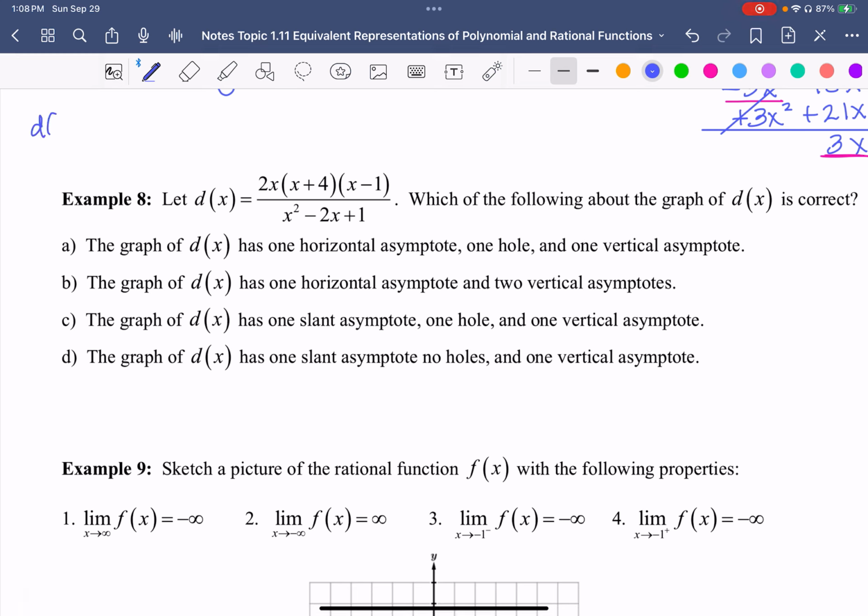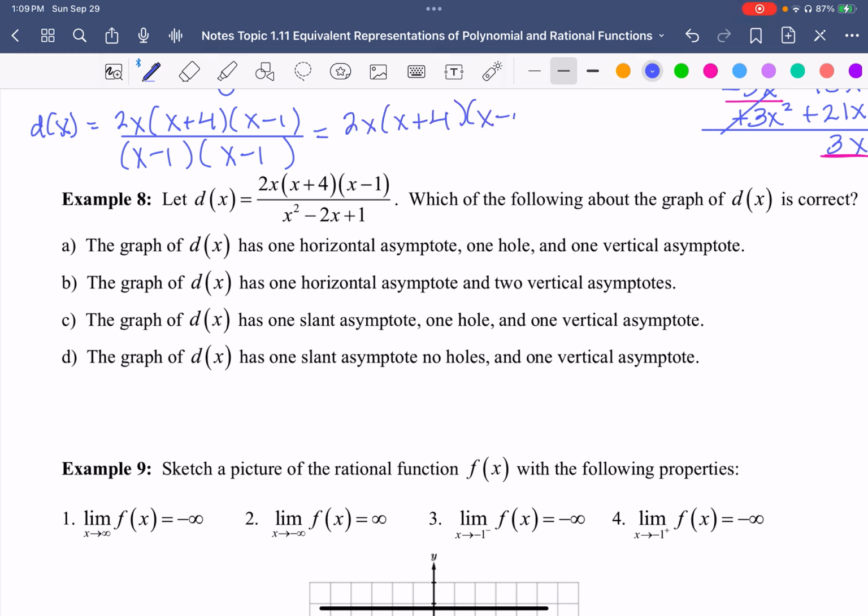So let's say I have d of x equals 2x times x plus 4 times x minus 1 divided by, and now I'm trying to figure out two factors that multiply to positive 1 and add up to negative 2. Those numbers would be x minus 1 and x minus 1. Okay, now notice that I have two of the same factors in the denominator. What I can do is rewrite this as x minus 1 squared.